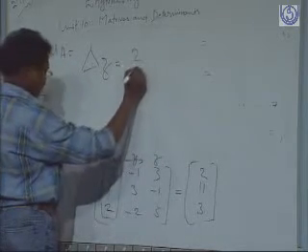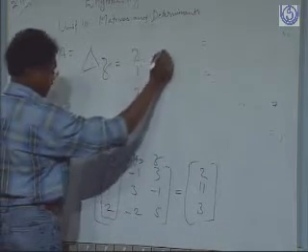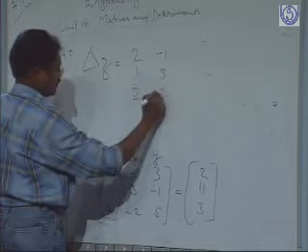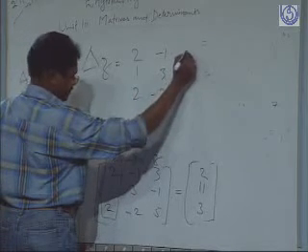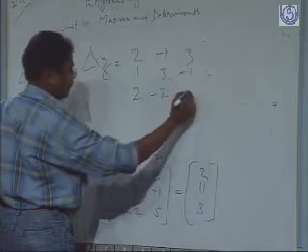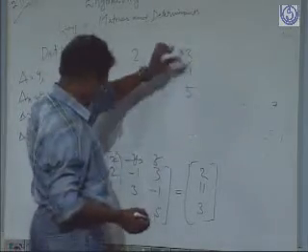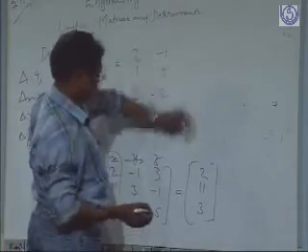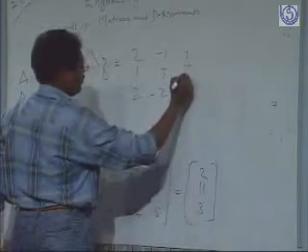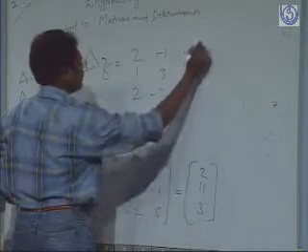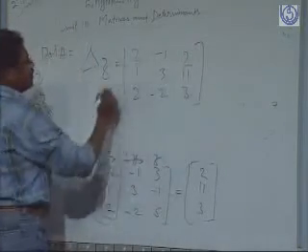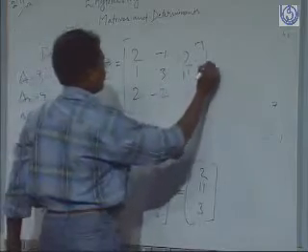So here 2 1 2, minus 1 3 minus 2, 3 minus 1 5. Oh, sorry, we have to replace with this, 2 11 3. So this is the equation, and find out the determinant.